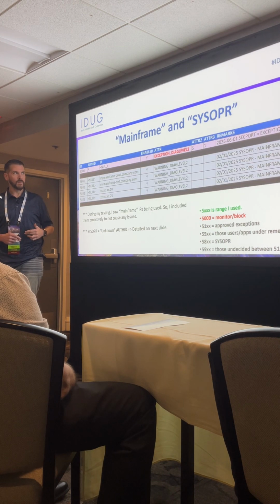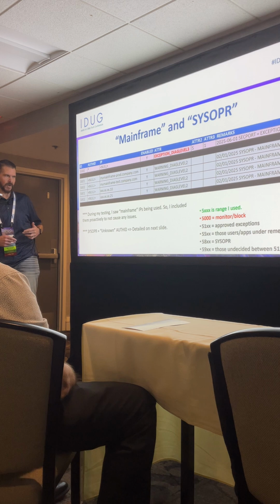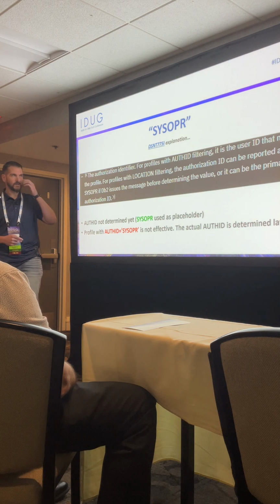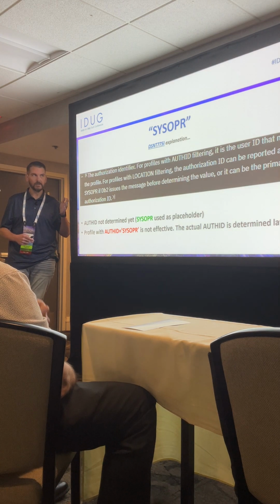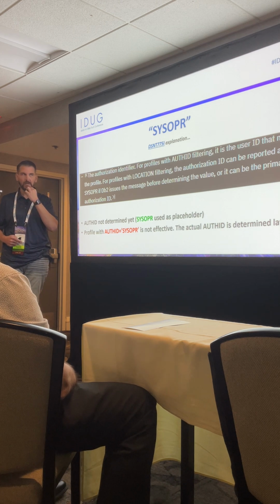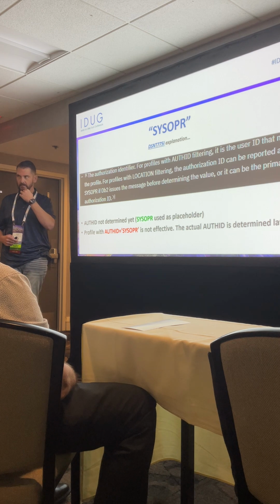All right, what the heck were the mainframe IP addresses coming through as SYSHOPPER? That was a little surprise to me. It kind of made me say, what the heck is this? So for SYSHOPPER, they did a good job with the documentation here. I worked with IBM support to clarify that, and I feel like they did a better job than I could.